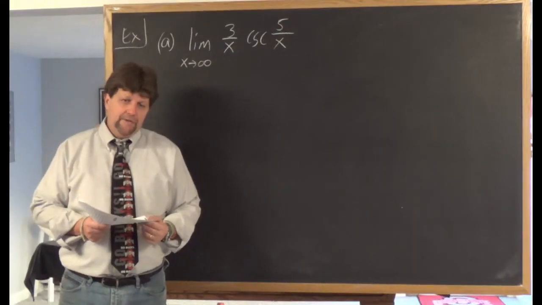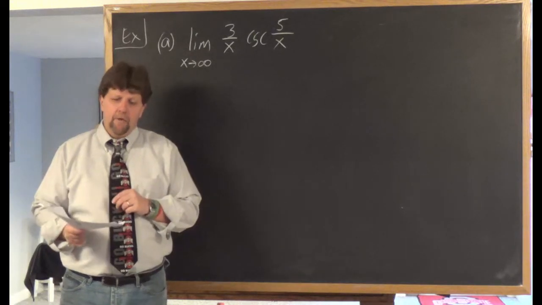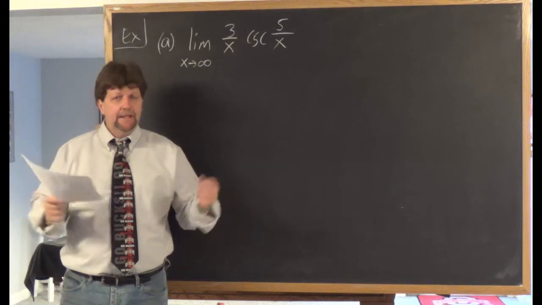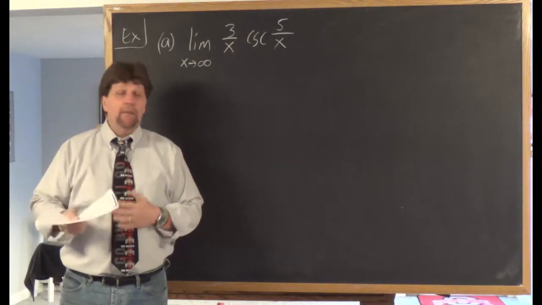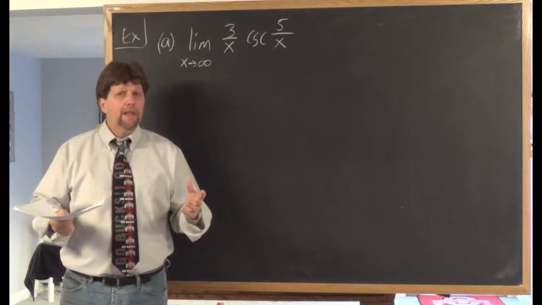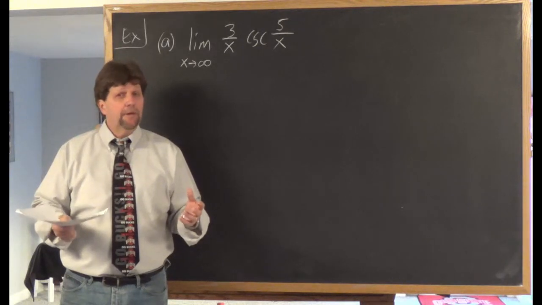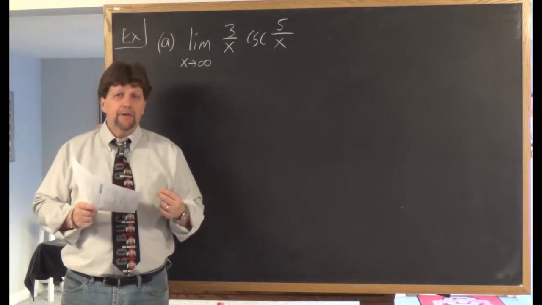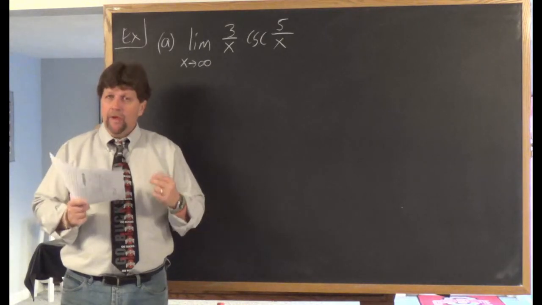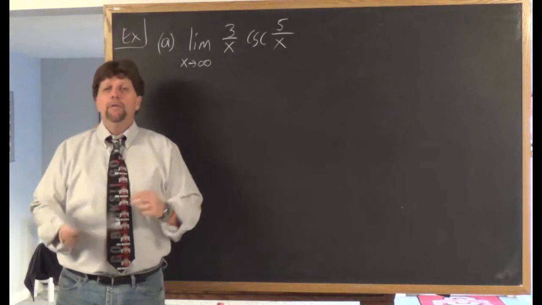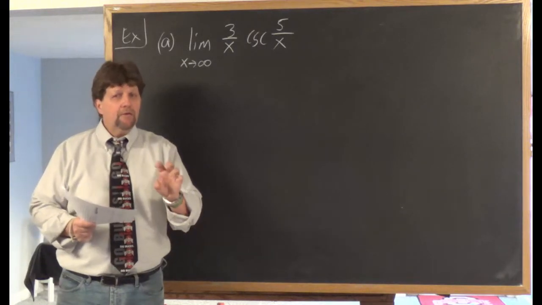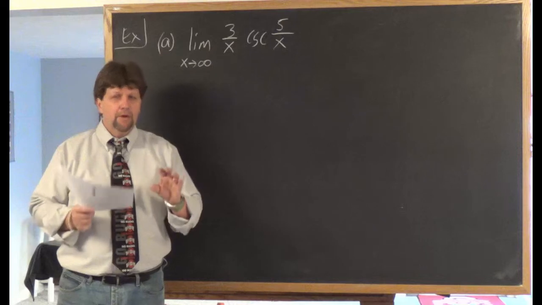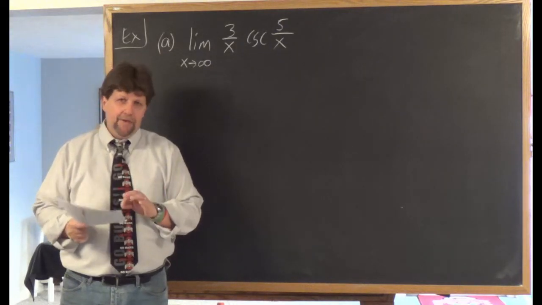All right, as we saw in the previous slide, there are other indeterminate forms. 0 times infinity, don't know what that is, that's an indeterminate form. Infinity minus infinity, we don't know what that is, that's an indeterminate form as well. When we encounter those indeterminate forms in doing limits, we cannot apply L'Hopital's rule. Remember, L'Hopital's rule only applies when you have the form 0 over 0 or infinity over infinity.